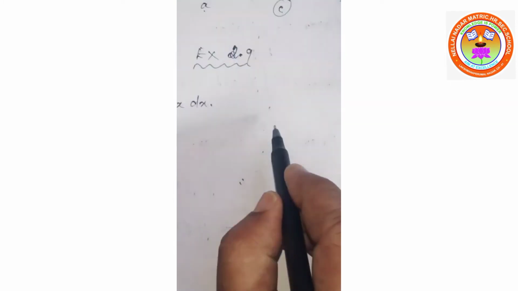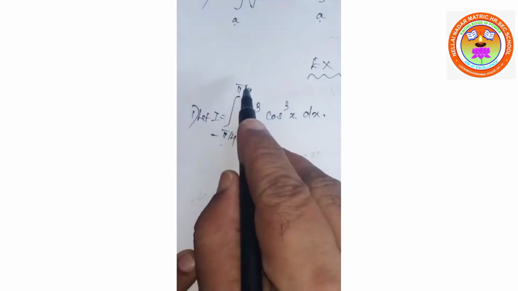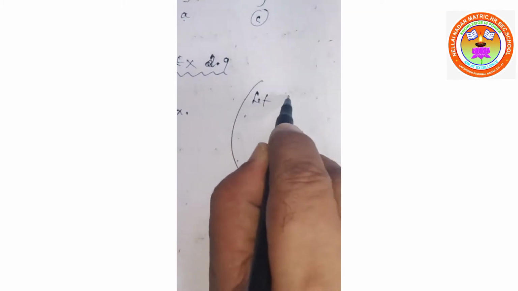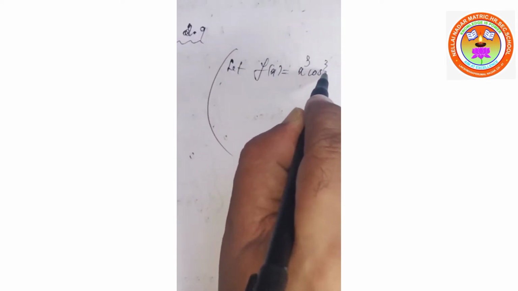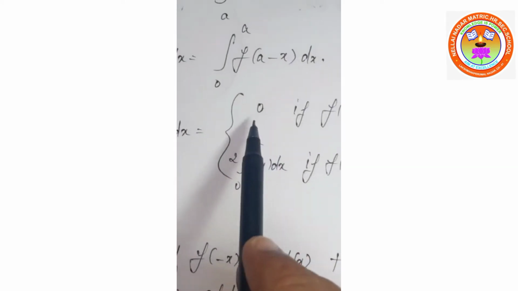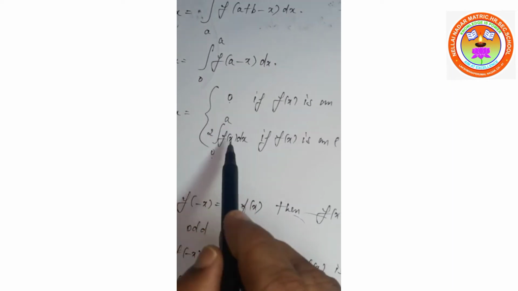What form is it actually? This is of the form integral minus a to plus a f of x dx. So I consider f of x equals x cube cos cube x. For minus a to plus a f of x dx, the value is either 0 or 2 times integral 0 to a f of x dx.